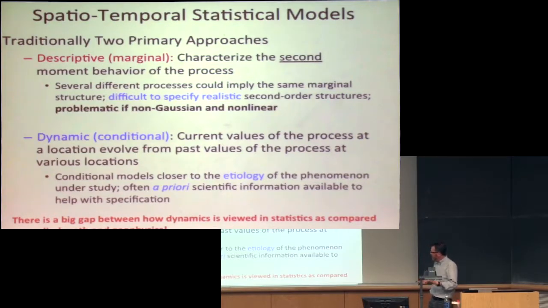So the other approach, the one that I'll talk about today, is thinking about it dynamically or conditionally. Okay. And so this is the difference between how spatial statisticians view the world and how time series people view the world, in some sense. In other words, we're going to say current values of the process affect what's going to happen in the future. And I think that's much closer to how these processes really evolve, how we think about them as scientists and practitioners.